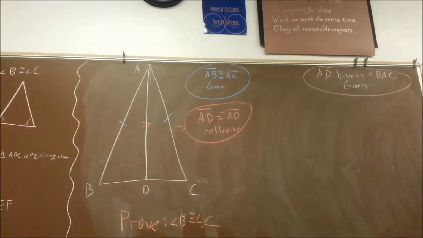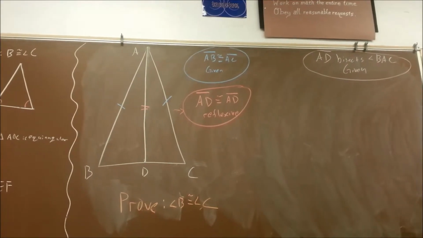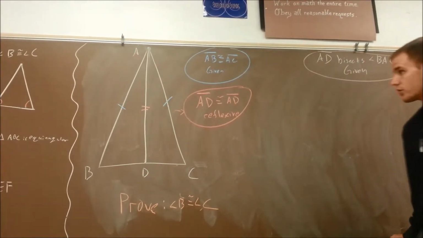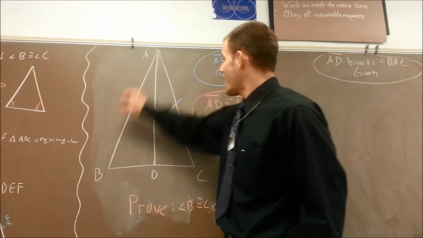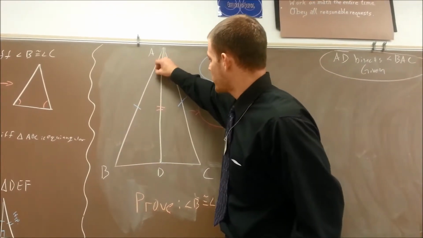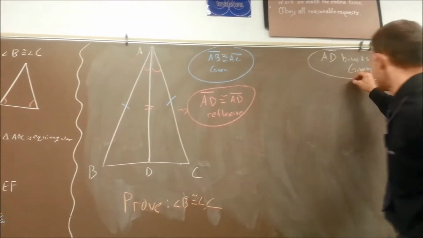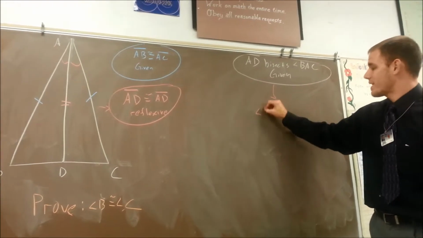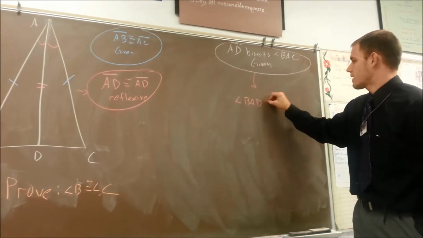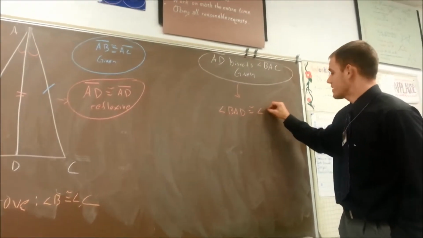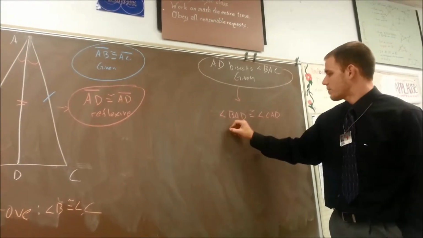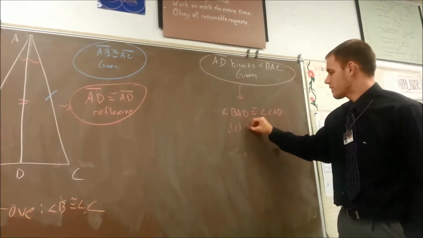We need one more thing. Angle BAD is congruent to angle CAD. You are correct. We just bisected this angle. So angle BAD is congruent to angle CAD by definition of angle bisector.